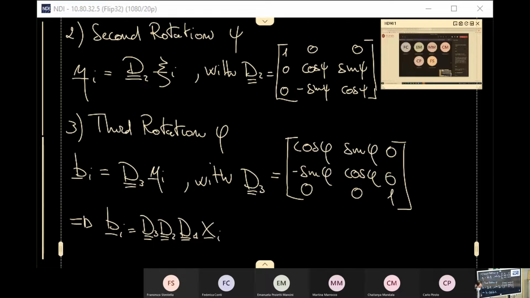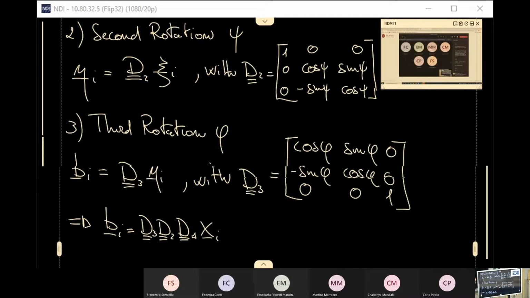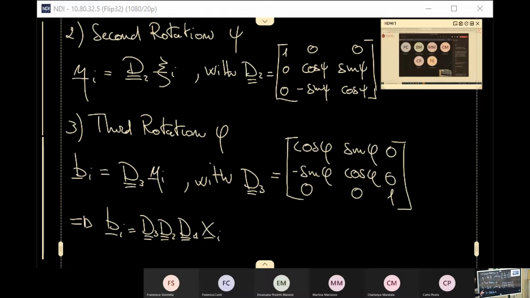Now, this actually goes in the direction of what I was telling you before. That's to say, remember that the transformation matrix A operates over quantities that live in the local frame and gives you back something in the inertial frame.